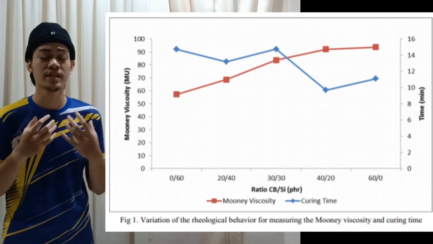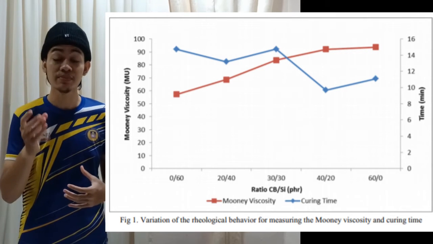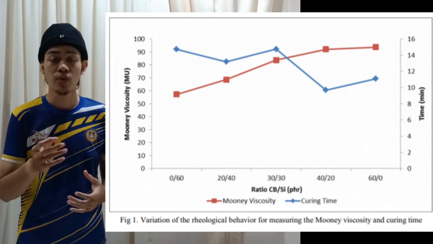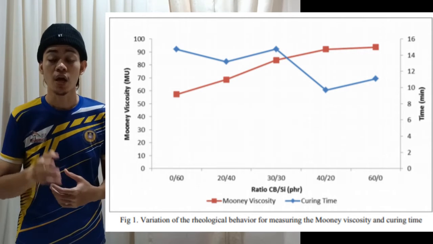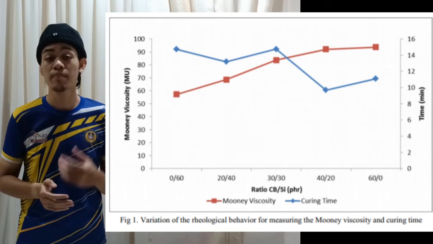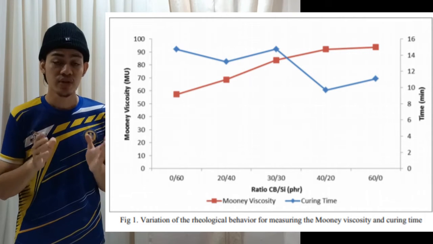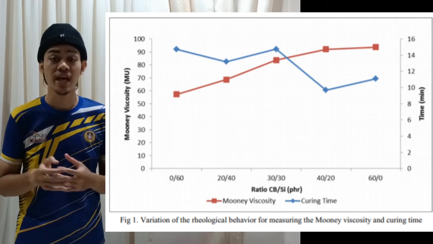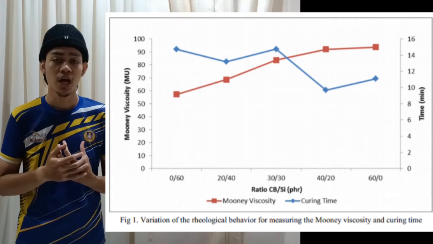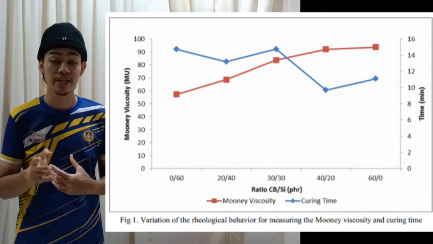In our opinion, it is better to have lower viscosity but longer cure time, so that ingredients and other additives can have enough time to properly be distributed in the rubber matrix.